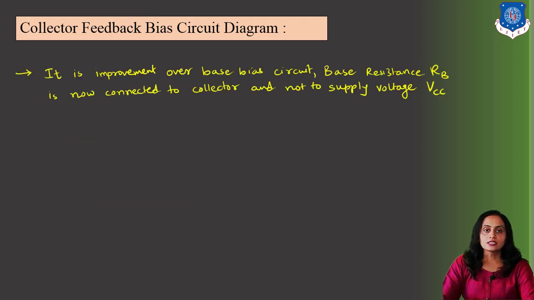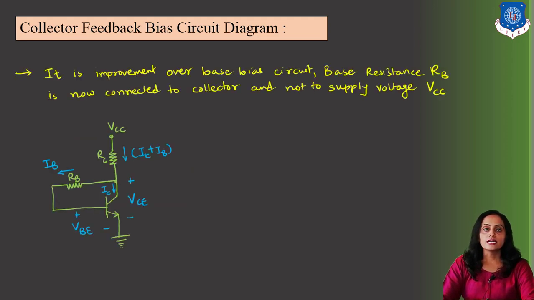This is the circuit diagram for the collector feedback bias circuit. You can see over here, this is an improvement over the base bias or the fixed bias circuit which we had discussed in the previous video of this chapter. You can see over here this base resistance RB is connected to the collector.